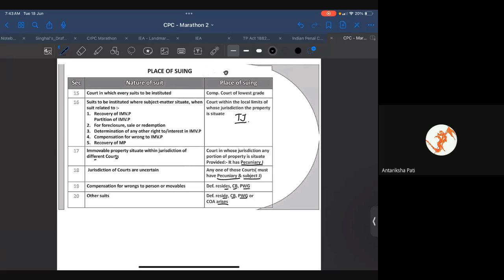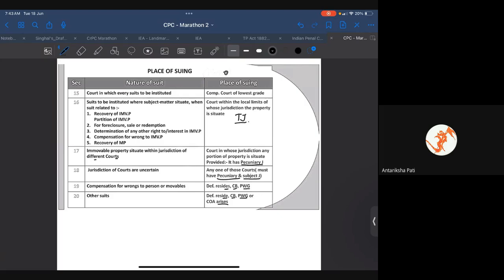Now section 16 says the suit will be instituted where the subject matter is situated, when the suit relates to recovery of immovable property, partition of immovable property, foreclosure, sale or redemption of property, determination of any other right to or interest in immovable property, or compensation for wrong to immovable property. Then the court within the local limits of whose jurisdiction the property is situated, there the suit will be filed.